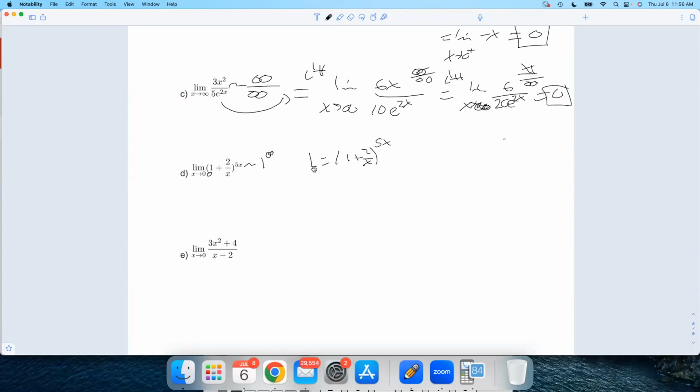And we want to take the log of both sides. So natural log of L will equal natural log of this stuff. Now that 5x will come down to ground level.